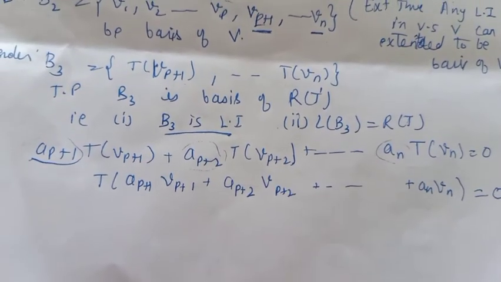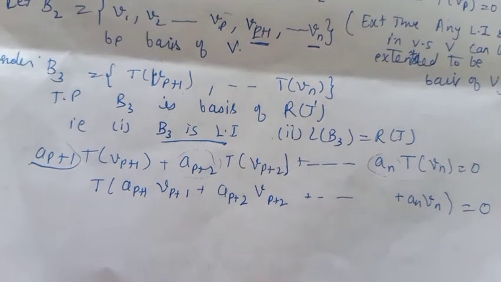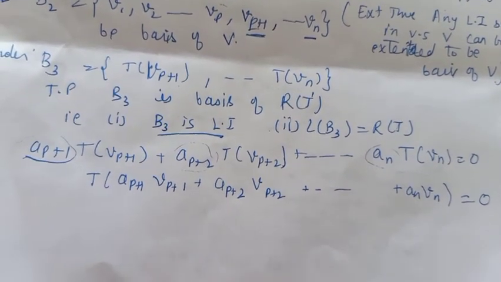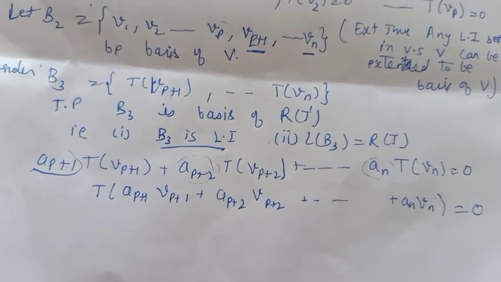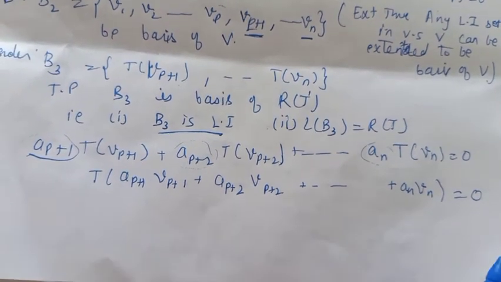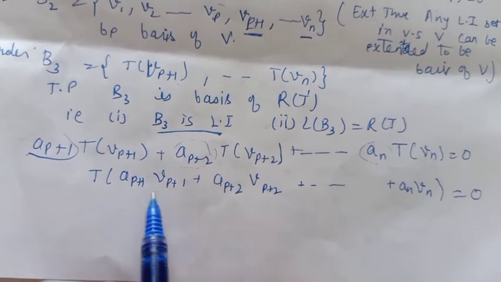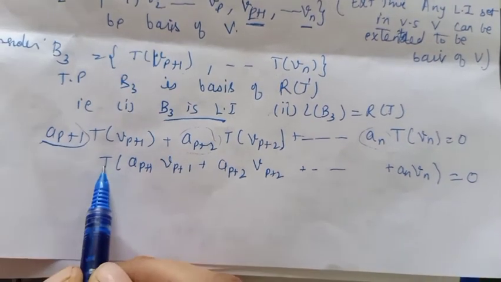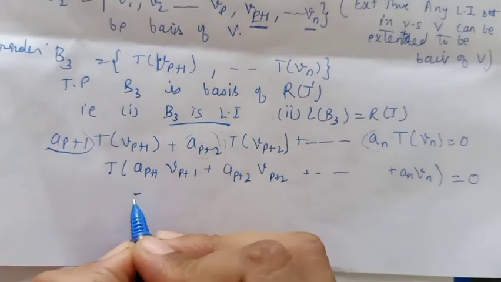Now let us recall the definition of null space. Null space is the collection of those elements whose image under T is 0. Now this is an element whose image under T is 0. So what does that imply?